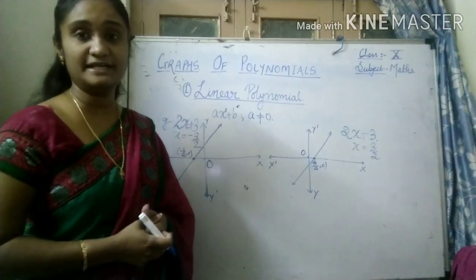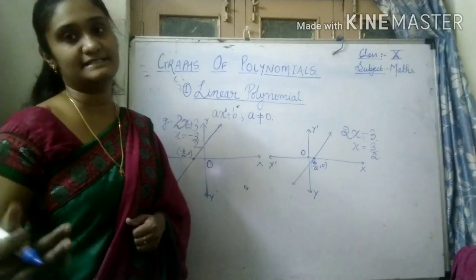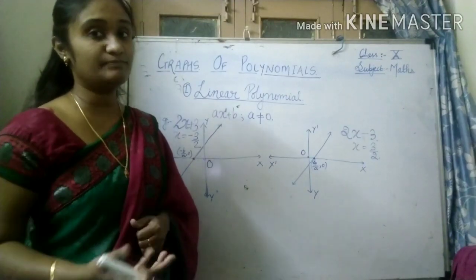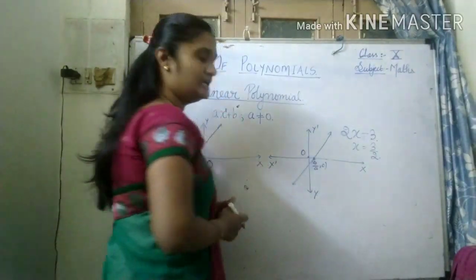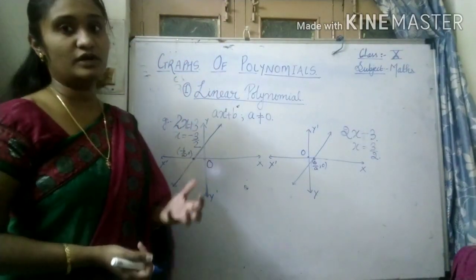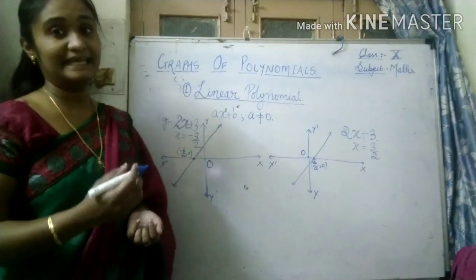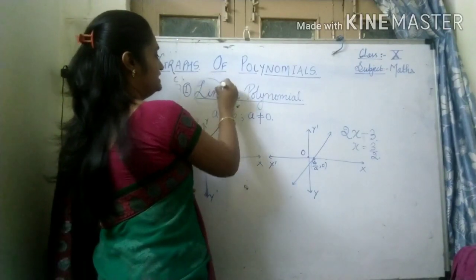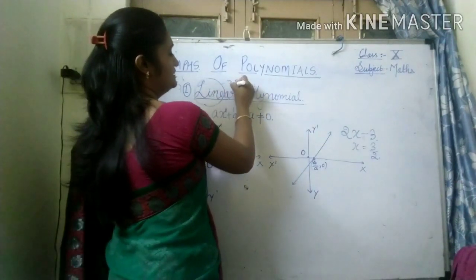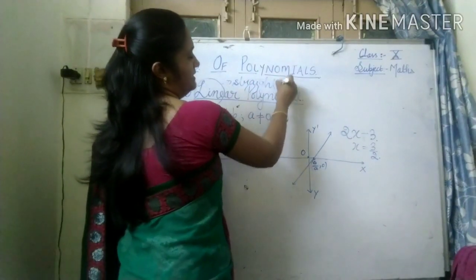That's why it will cut the x-axis, it will meet the x-axis only at one point, and that point will be exactly in the positive direction of the x-axis. So this was all about the linear graph. And the linear graph, as the name sounds, the graph of this function will be a straight line.